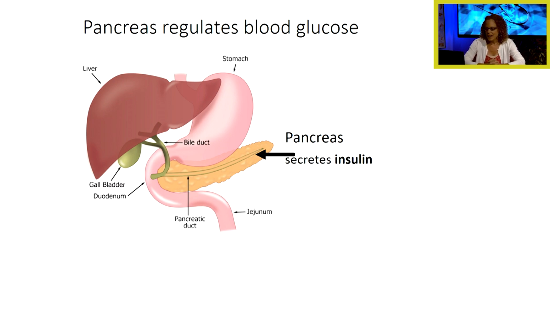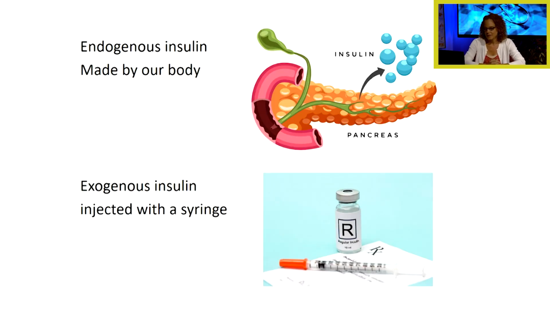Okay, and I want to take a moment here to differentiate between the two different types of insulin. Now, there's endogenous insulin, and this is the insulin that is made by our body via the pancreas. And there is also exogenous insulin, and this is the insulin that we inject into our patients with a syringe.